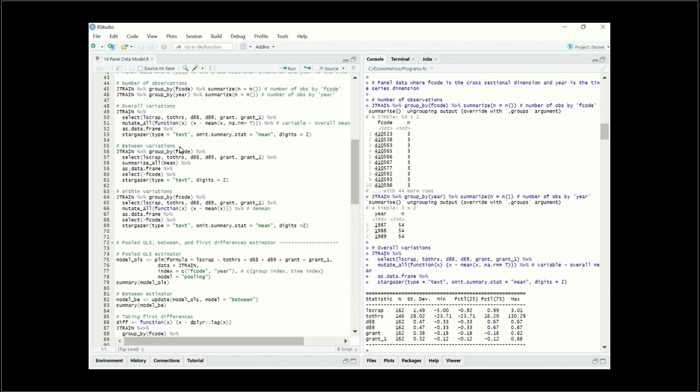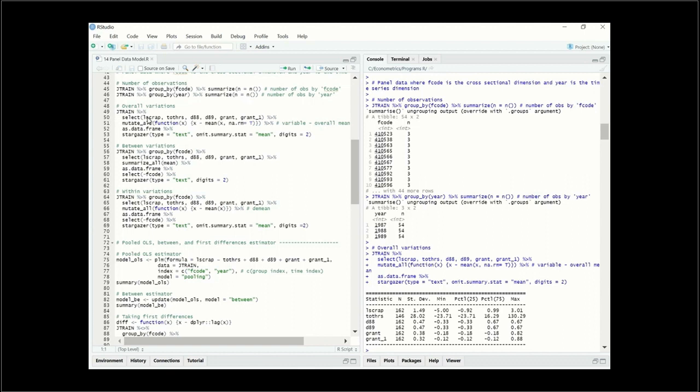For the between variation, we're going to have the mean for the firm minus the overall mean. And for the within variation, we're going to have the value for each firm minus the mean for the firm. Okay, so this is how this is done.